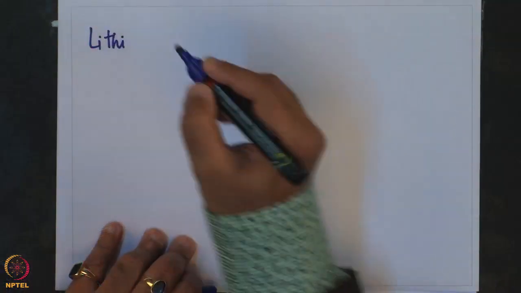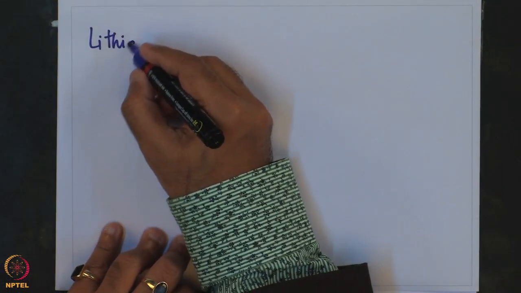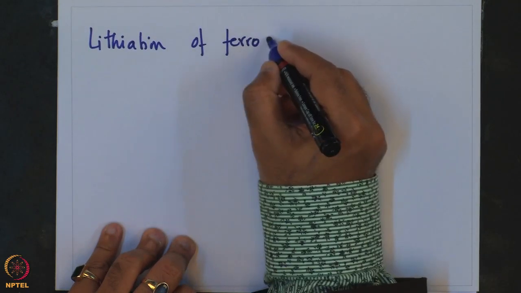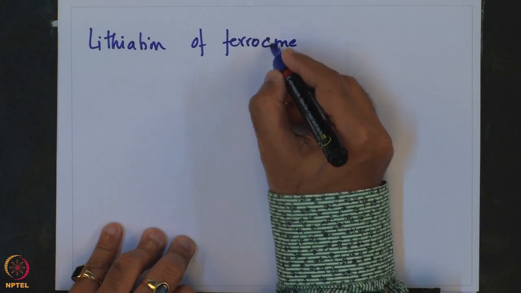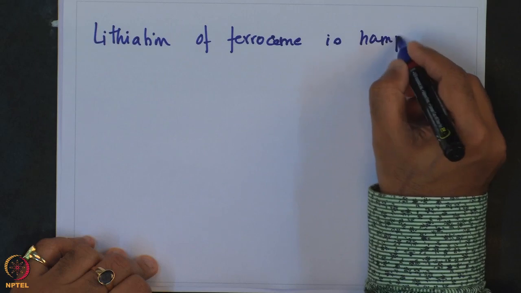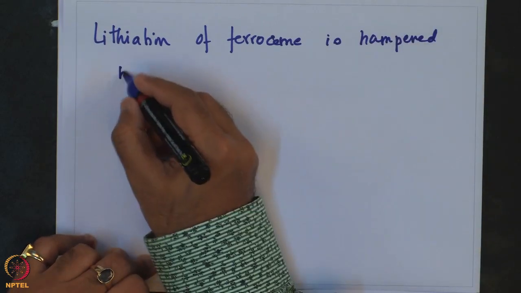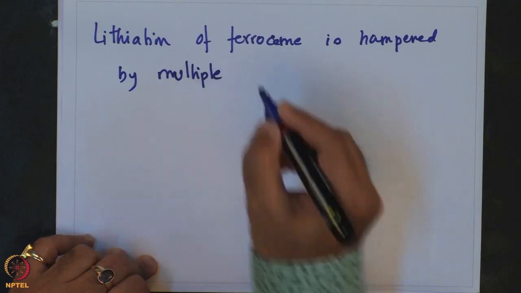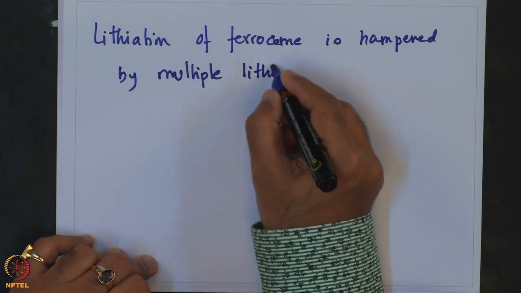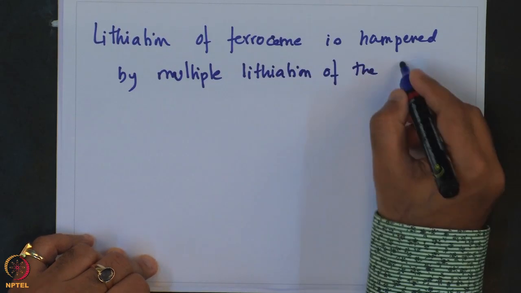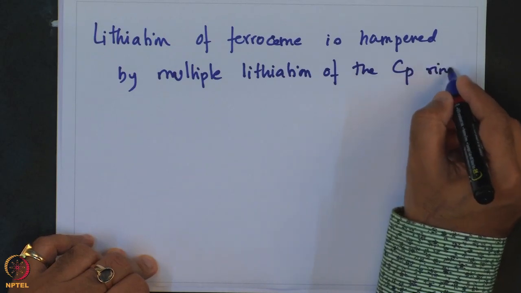So, the lithiation of ferrocene is hampered by multiple lithiation of the Cp ring.